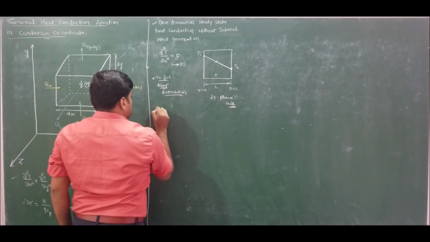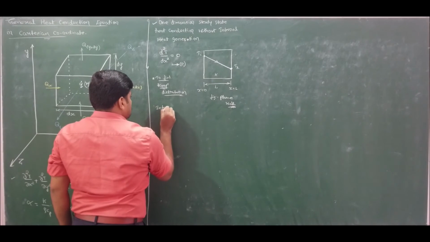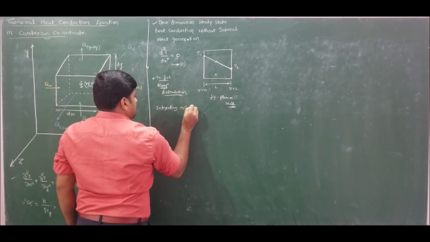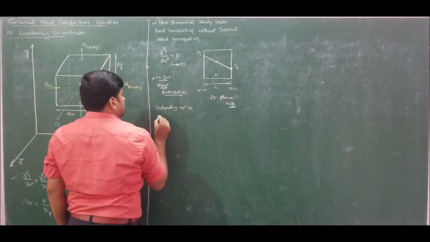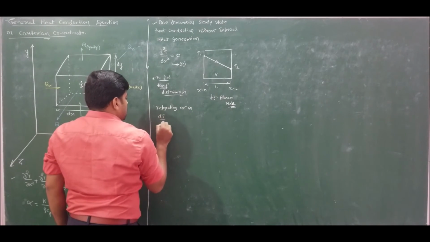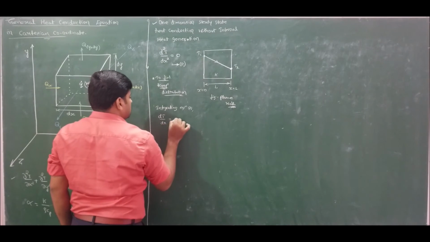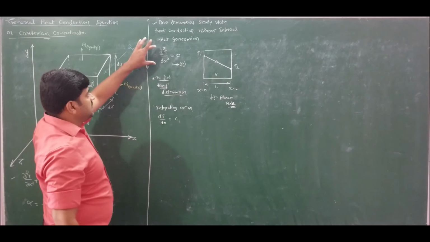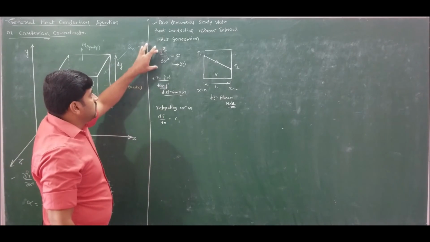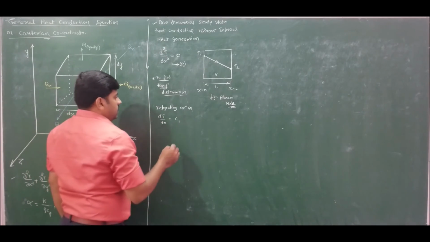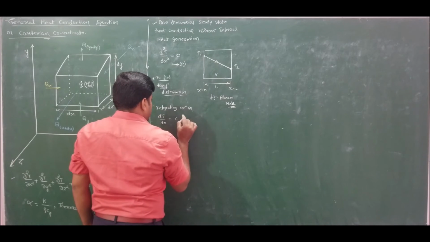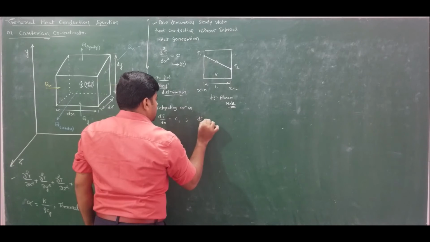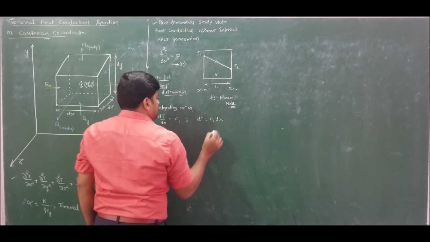So integrating equation 2, I will get dT by dx is equal to constant of integration C1. This is because it is an indefinite integral. There are no limits for temperature we have here. So let me rearrange this equation to the form dT is equal to C1 dx.